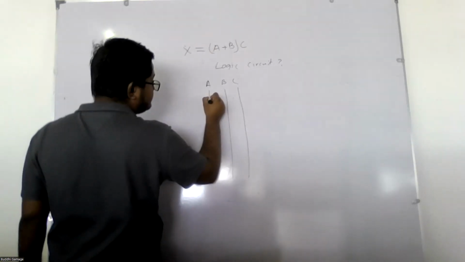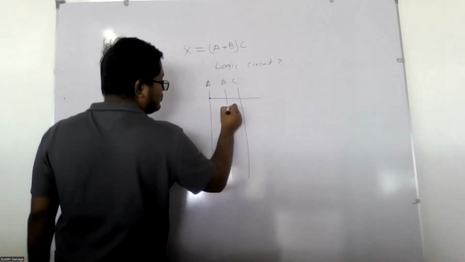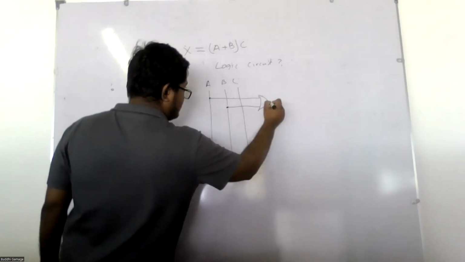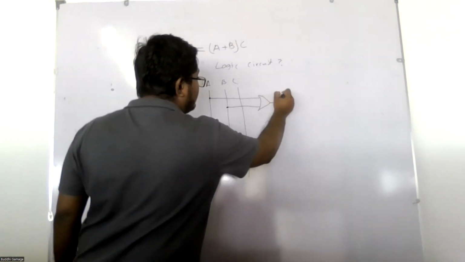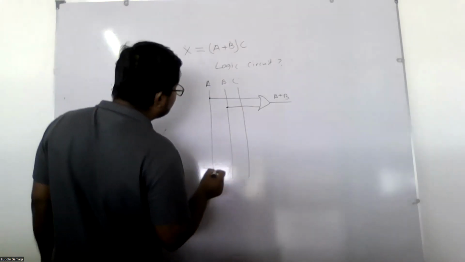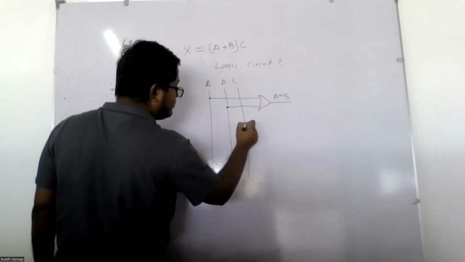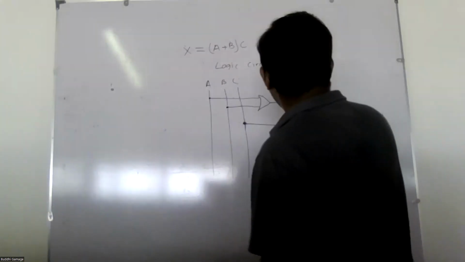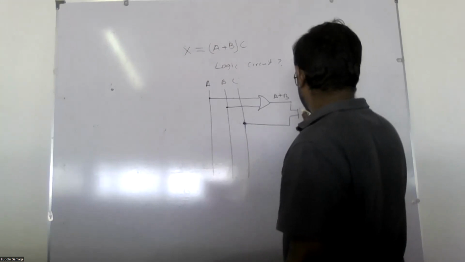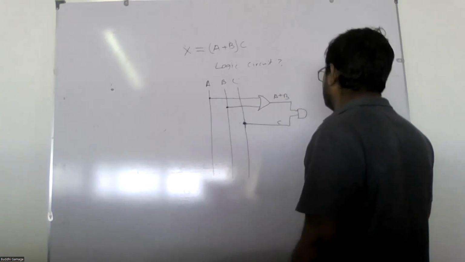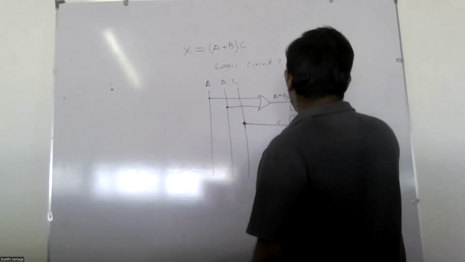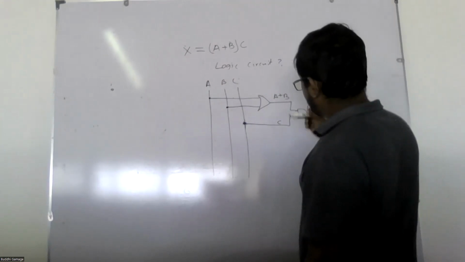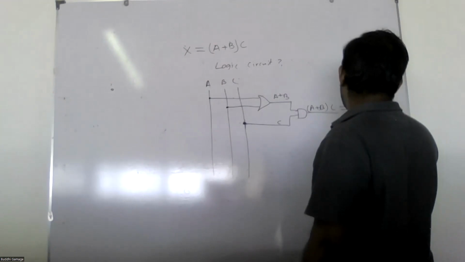First A plus B, so we need an OR gate. So A and B go to the OR gate, and then we get the connection to C. We consider this, so this should be equivalent to this.